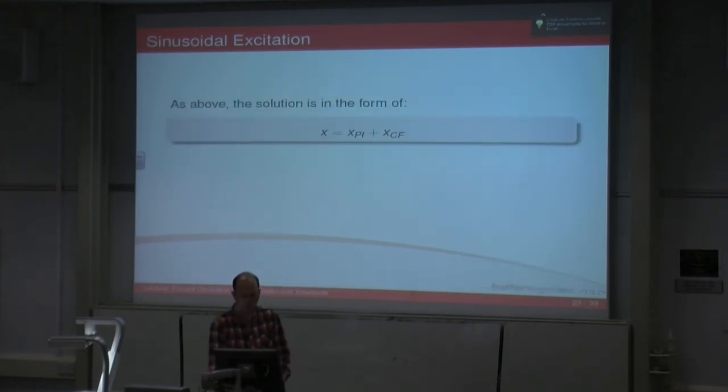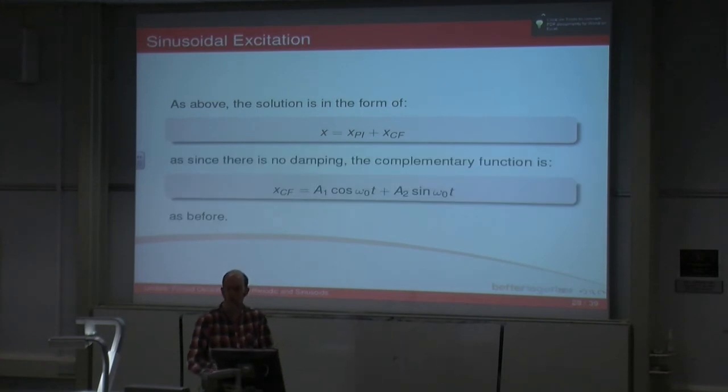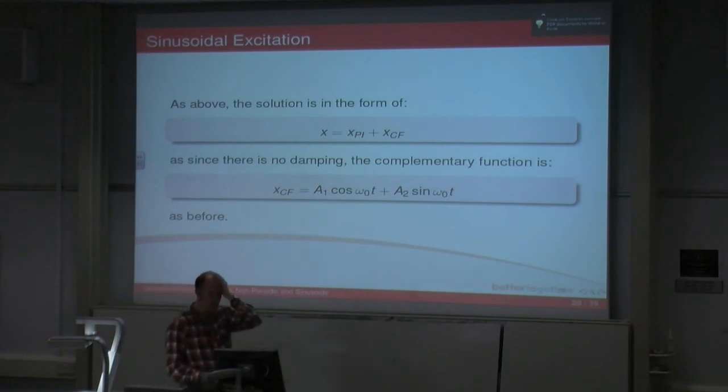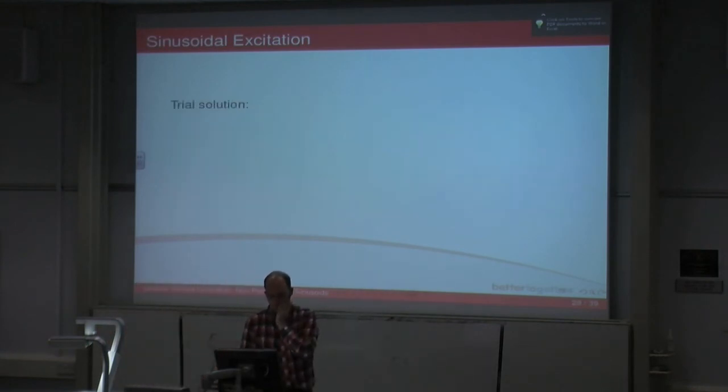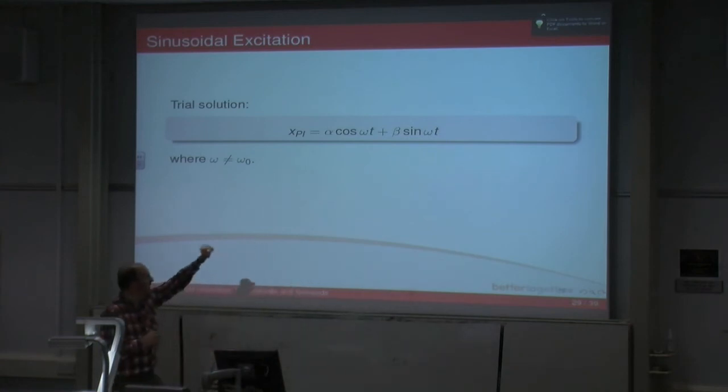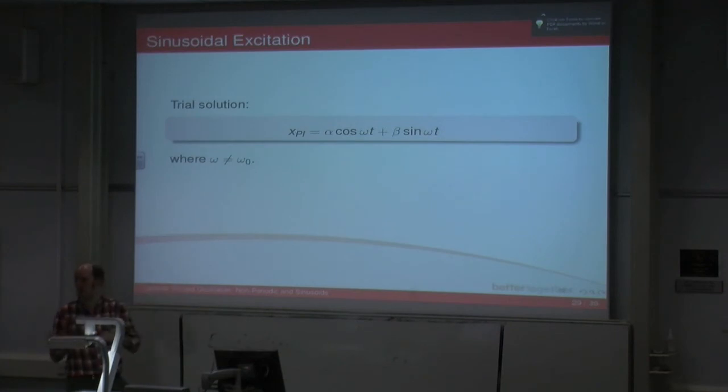So there's our solution. The complementary function is the same thing which we saw before. That doesn't change. This time the trial solution is that combination of cosine and sine. Basically we know that the system is going to oscillate in a sinusoidal fashion, because that's our forcing function.